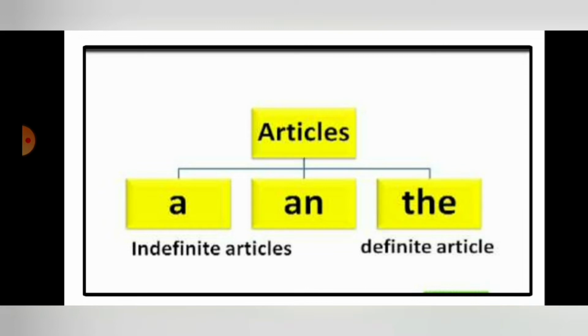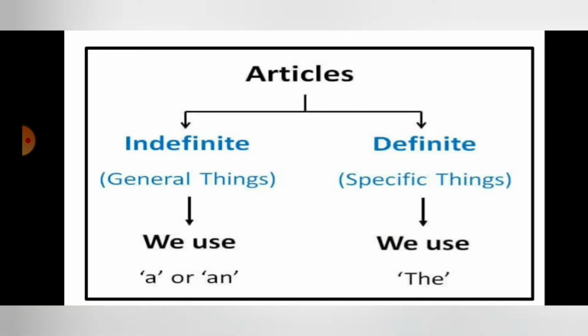Definite means something which is fixed, unchangeable. When we use indefinite articles, we use them for general things, for any kind of thing or person, and for a specific person or thing we use the. For a specific thing, that's why it is called the definite article.